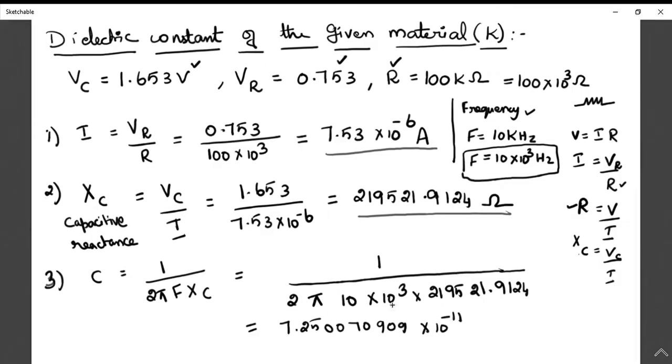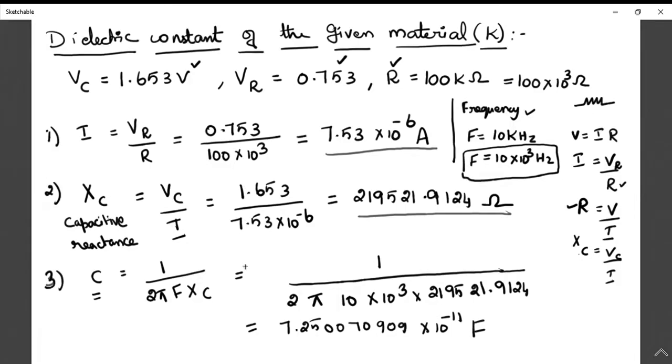By substituting all the values in the formula, we will get the result 7.250070909 into 10 to the power of minus 11. C is the capacitance, and its unit is farad. So three parts we have completed.